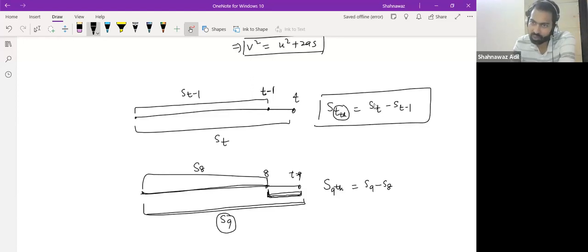That would be the total distance covered in t time minus the distance traveled in the time one before that, right? So this is t minus 1 time.